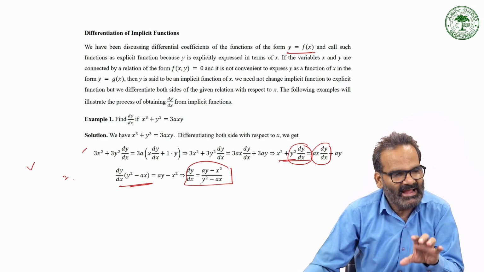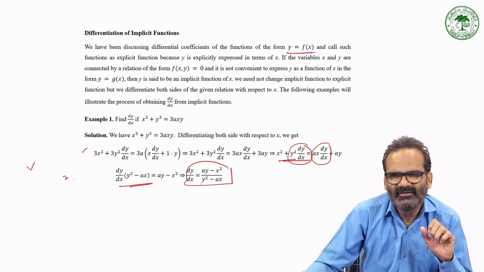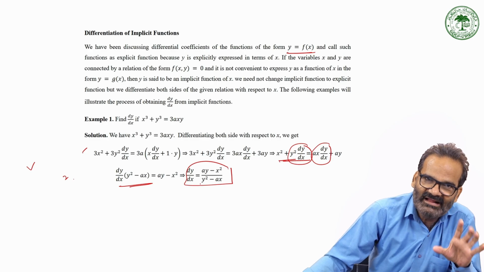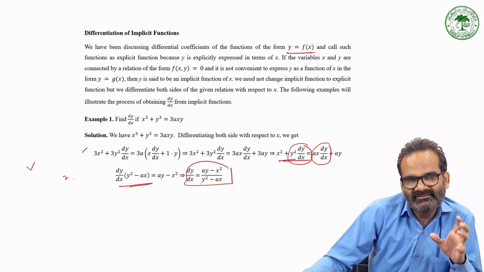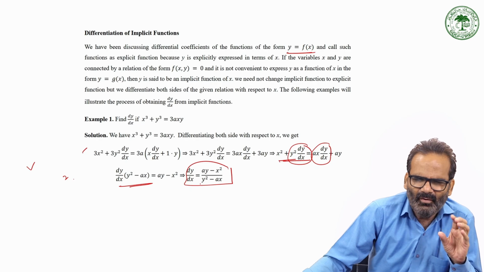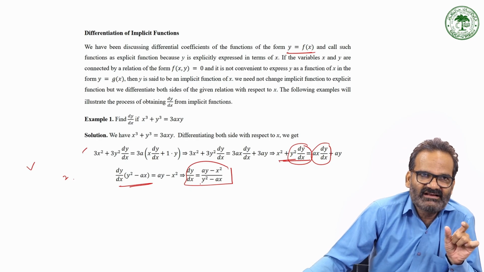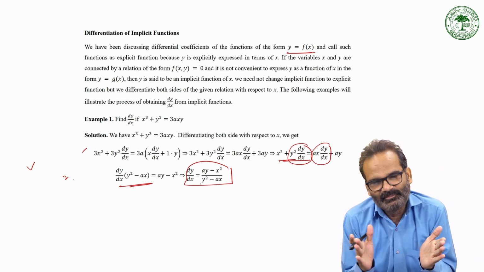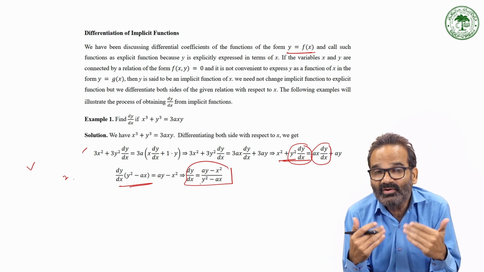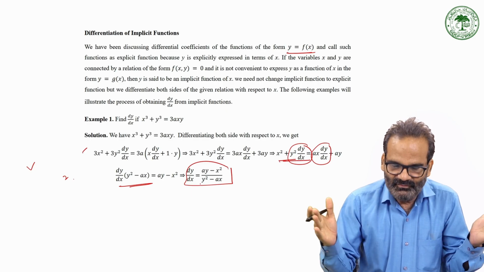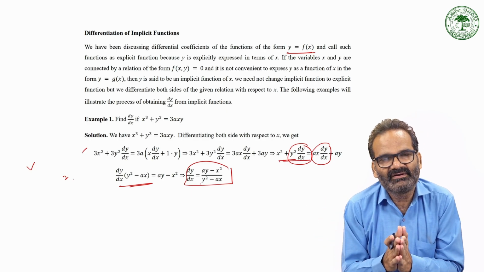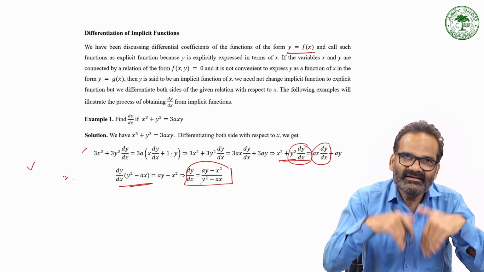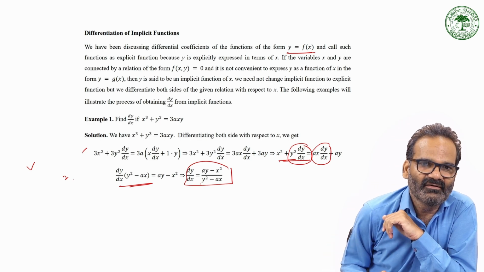So if you look at this example carefully, we are not going to use any new technique or any new method to find the derivative of any implicit function. Only the approach has changed a little, because dy over dx in case of implicit functions will appear in more than one place. Therefore, we collect the terms of dy over dx together and then take it common to find the value of dy over dx.